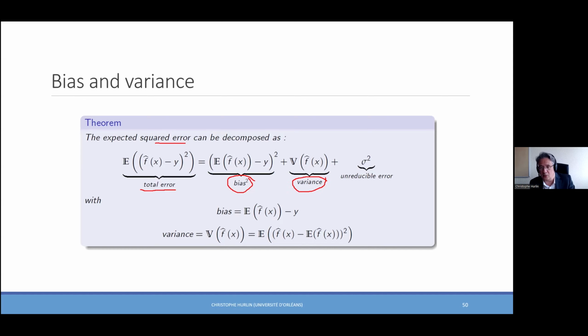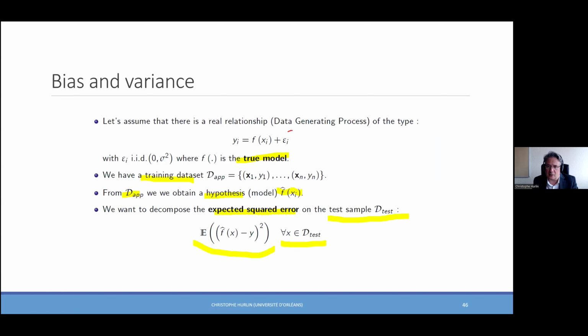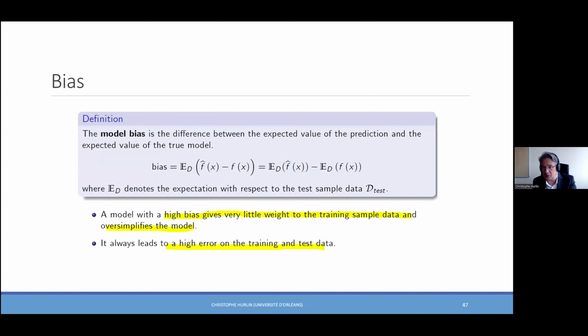so the variance of f hat, plus an irreducible error, which is the variance of the error term in the DGP, the data generating process.